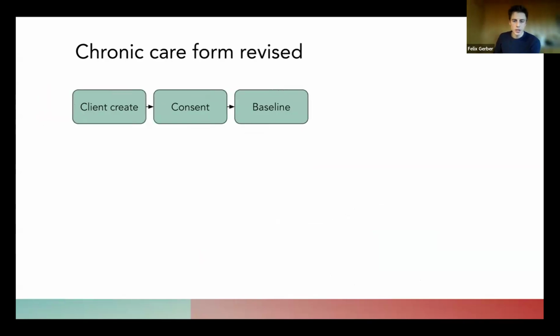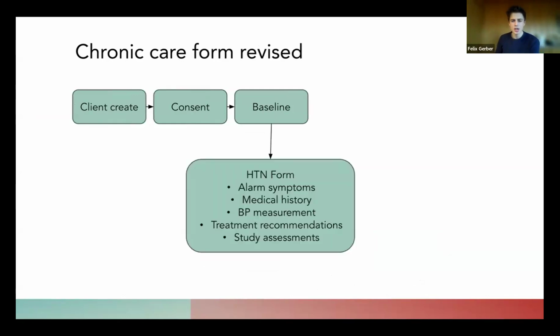So what did we do then? The start of our flow was still the same, but thereafter we had to do quite a radical change. Instead of having all these different forms that had different functionalities, we merged all of them into one quite large form that was flexible enough to accommodate any kind of situation.